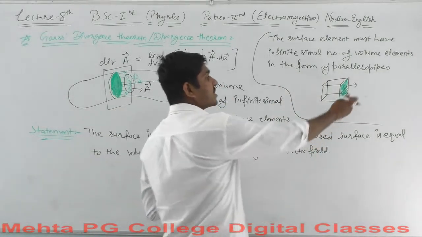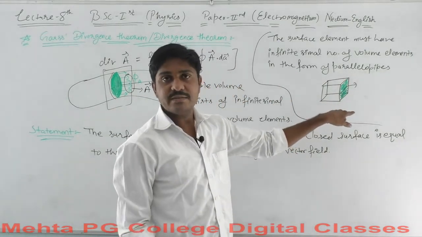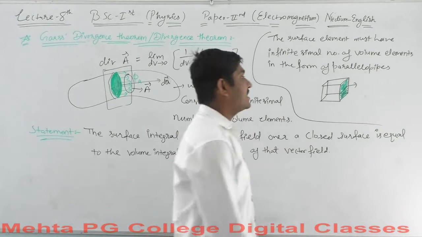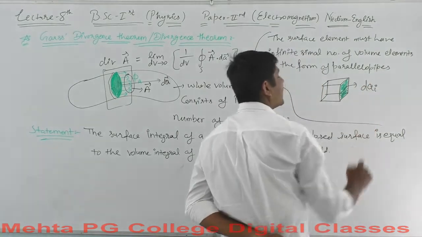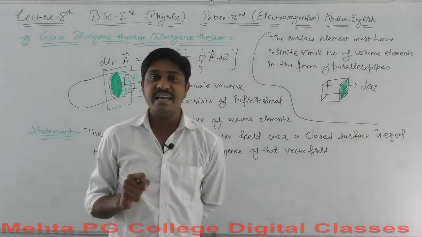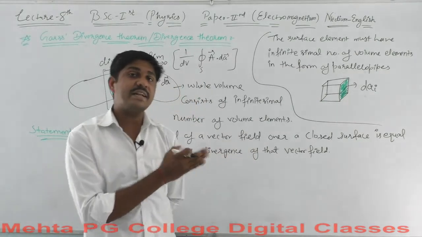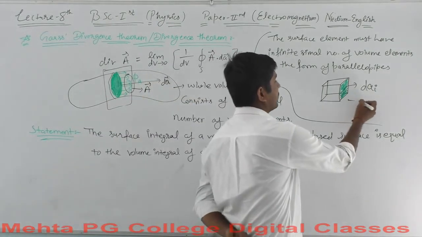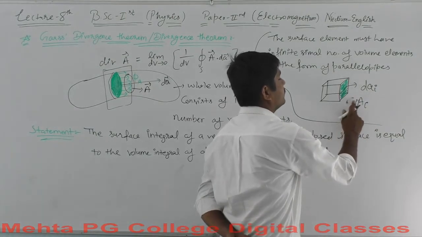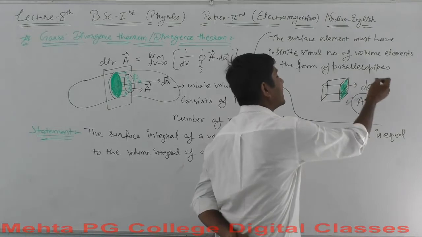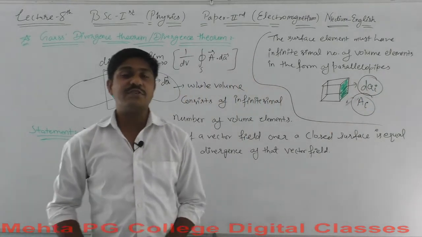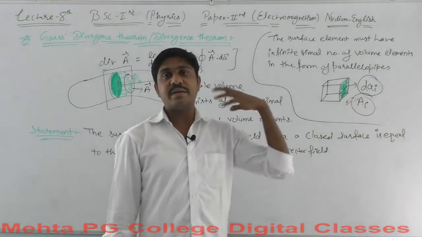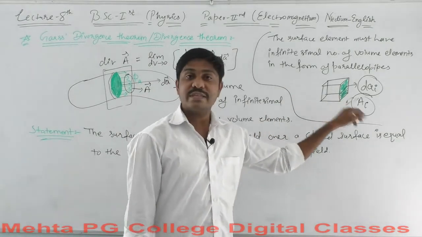The ith element is represented as dAi, and the vector representing this infinitesimal element may be Ai. So the whole surface may be considered as consisting of a large number of these elements.